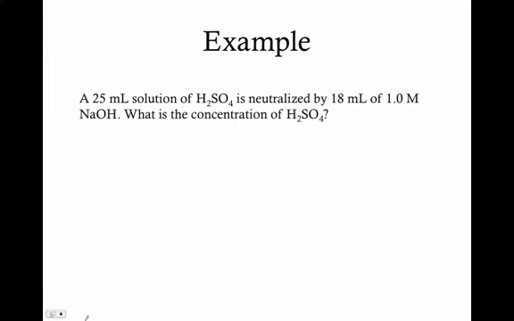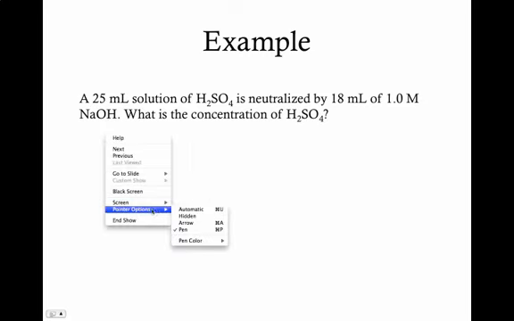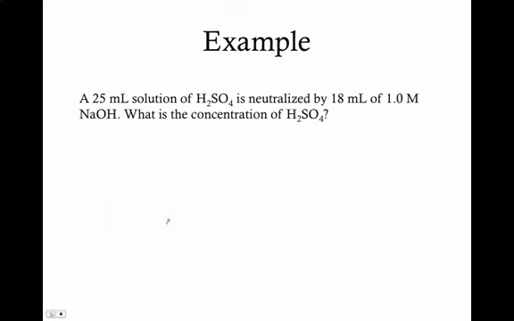So, example calculation: a 25 milliliter solution of H2SO4 is neutralized by 18 milliliters of 1 molar NaOH. So let's start off with identifying our acid and our base. I'm going to underline the acid information in red.